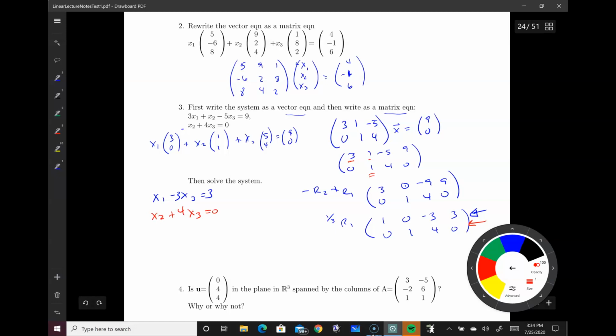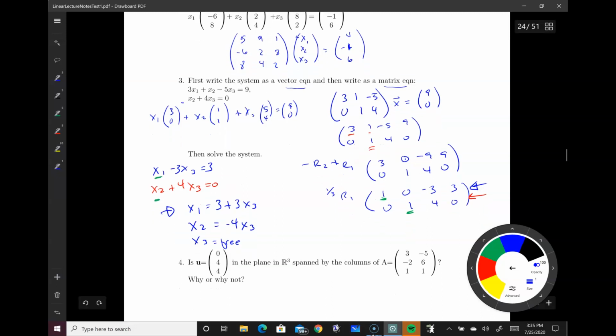All right, you always solve for your basic variables, and your basic variables are your 2 pivots. So these are my 2 pivots, so I solve for those 2. That gives me x1 is equal to 3 plus 3x3, x2 is equal to negative 4x3. And then what do I know about x3? x3 must be a free variable. And we'll talk more about how to rewrite this, but I want to make sure we're getting comfortable with this step right here.